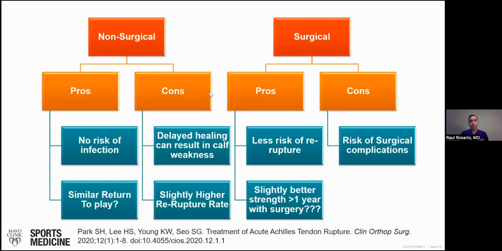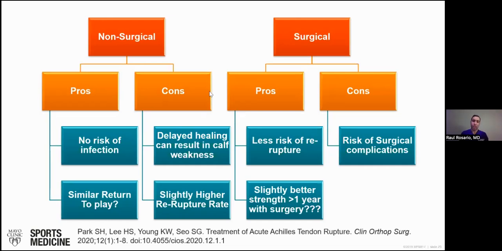The pro is that there's no risk of infection because there's no surgery. It actually has a very similar return to play in that older population, so the recovery is pretty similar. The cons will be a delayed healing that can result in some weakness, and maybe a slightly higher re-rupture rate, but I feel that gap is still very small.